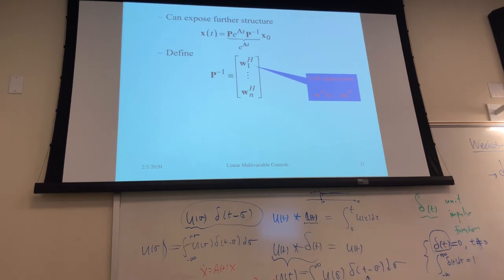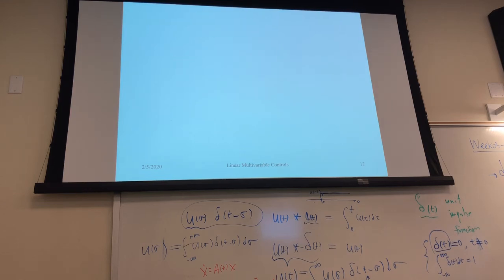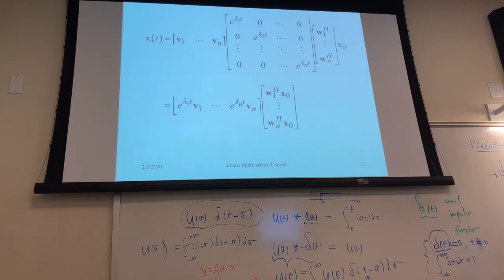So then you can solve for w. So remember, we end up with P, the exponential, and P inverse. Then in the end, we put this one into this, I get this, and this one times x0.